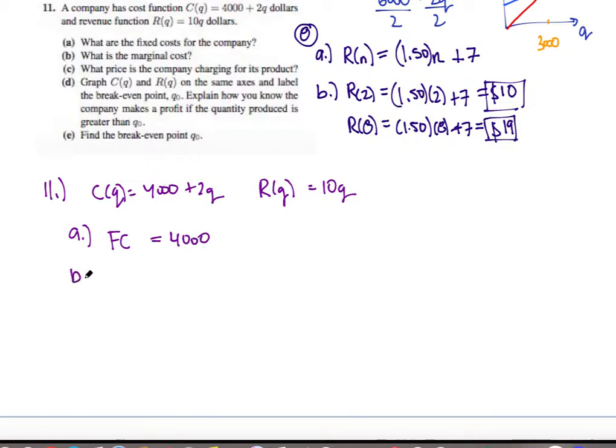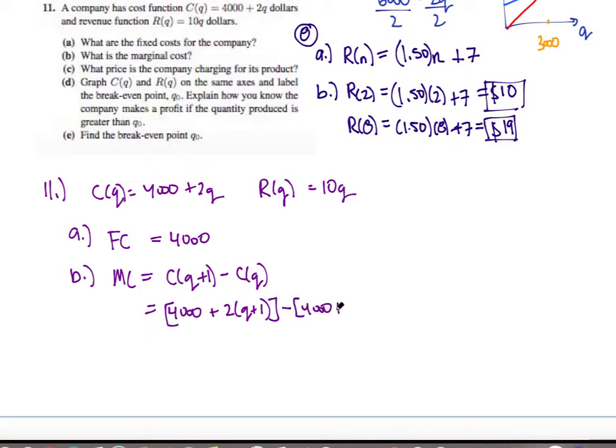The marginal cost, remember, is the cost to create one more thing. So for this cost function, I can think of it as the original equation, which is C of Q plus 1 minus C of Q. And that would just look like this, 4,000 plus 2 times Q plus 1 minus 4,000 plus 2Q.